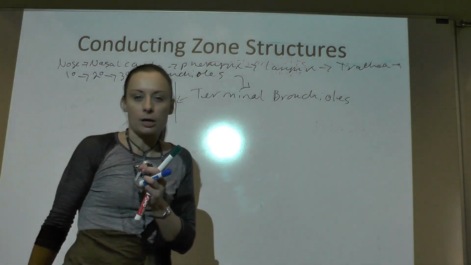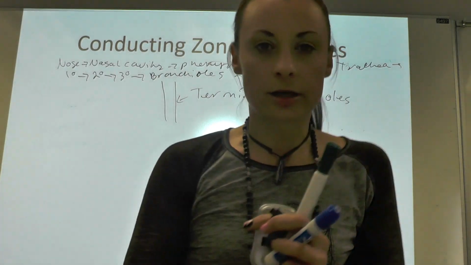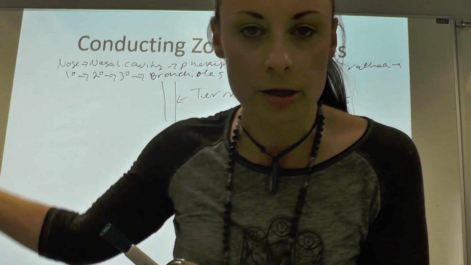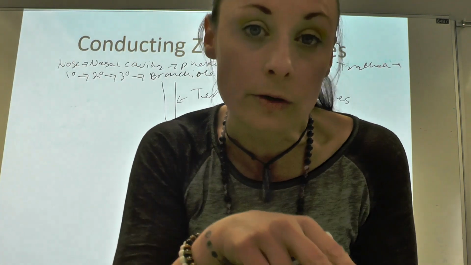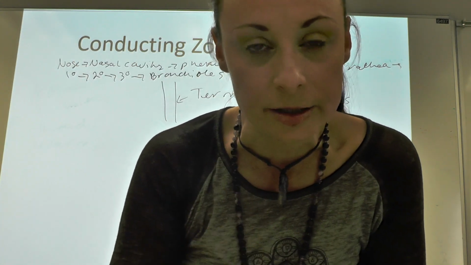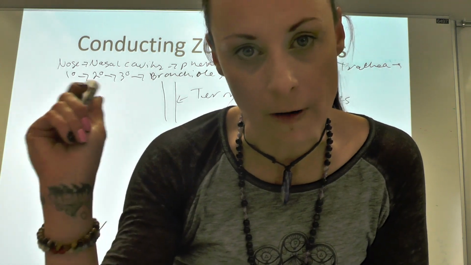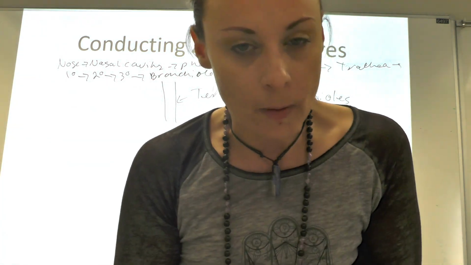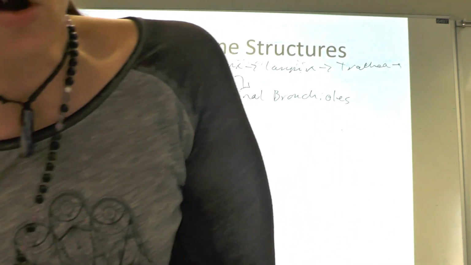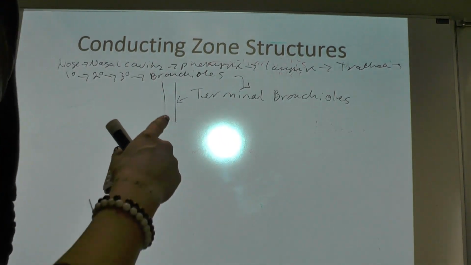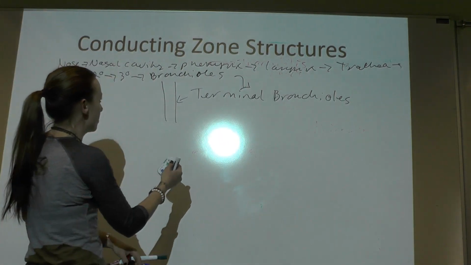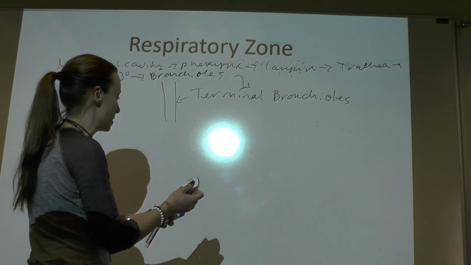None of these structures has gas exchange occurring. All of these structures are just conducting air into the respiratory zone where we're going to do gas exchange. So everything we've talked about so far is a conducting zone structure. When we get down to these teeny tiny terminal bronchioles, we go into our respiratory zone.